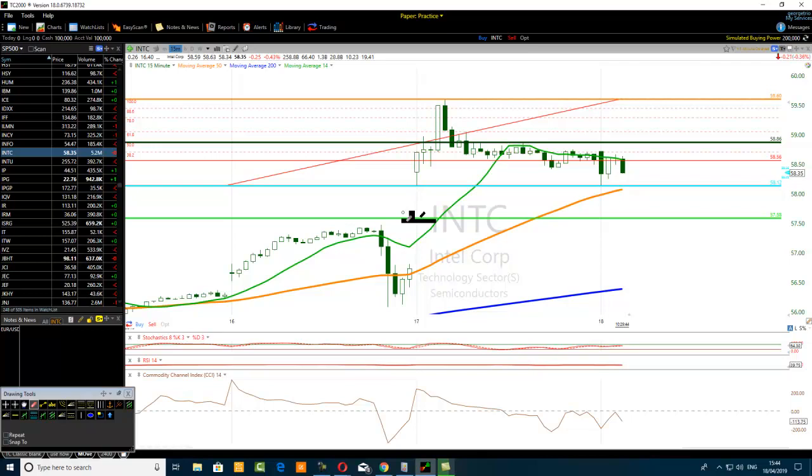But normally, in theory, for somebody that is selling here, like I did now, the best place to place the stop loss is 10 pips above this level. Now, can you afford it?